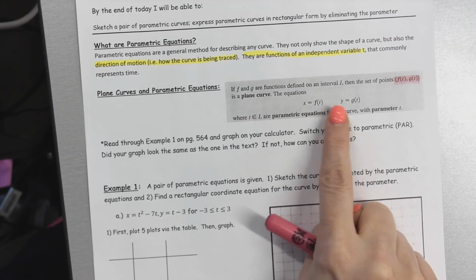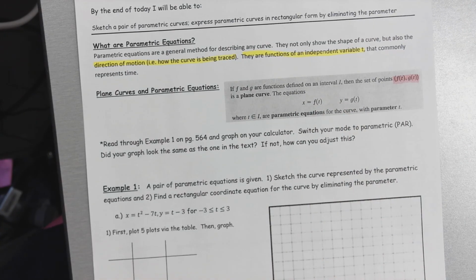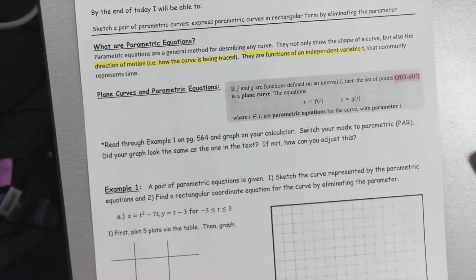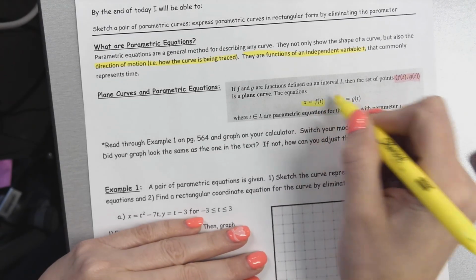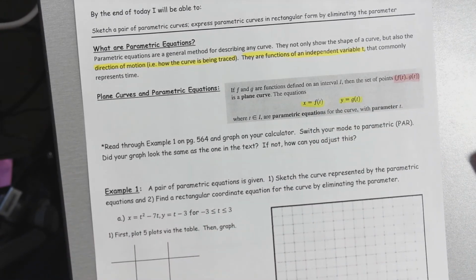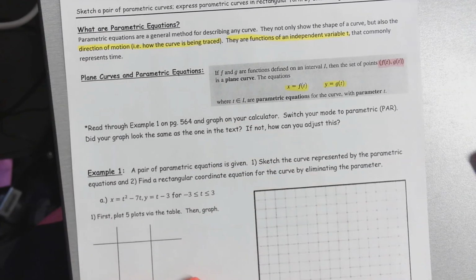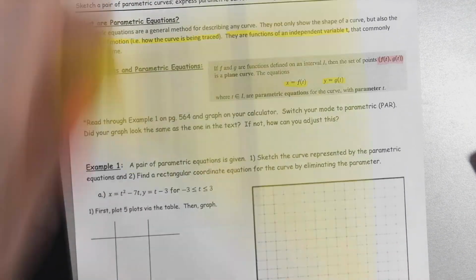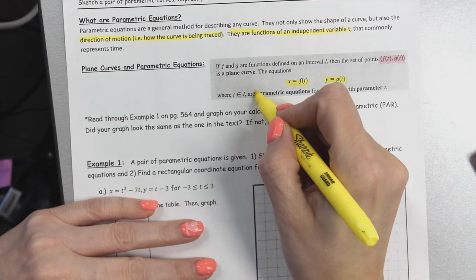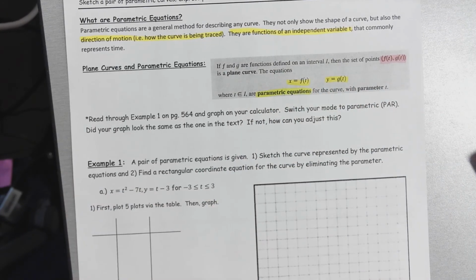F of t is equivalent to your x, g of t is equivalent to your y. Okay, and then if your value of t is in the interval, those are parametric equations with a parameter t. Okay, so t is called the parameter.